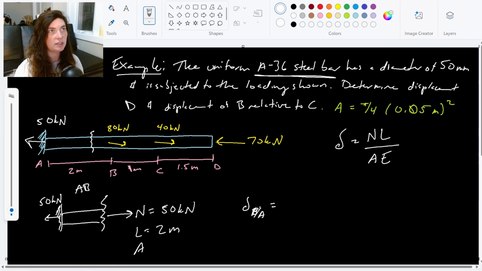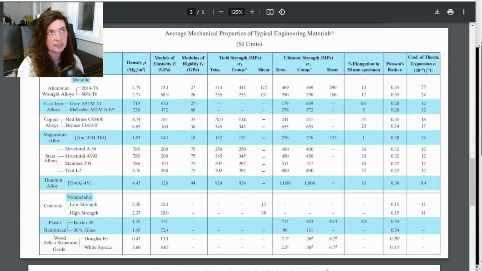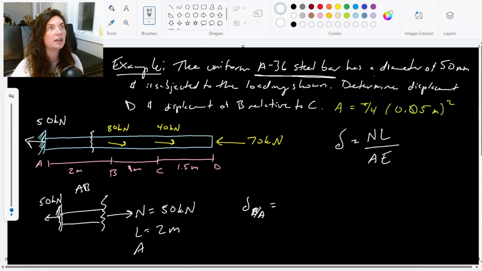It tells me it's an A36 steel bar. I want to flip to the table in my textbook to see if it's in there, if it's a known material with a known modulus of elasticity. So I pull up my table, here's my modulus of elasticity, materials, A36 steel, perfect. It gives me a modulus of elasticity of 200 gigapascals, which again is going to be constant for that whole bar. It's all made of A36 steel.